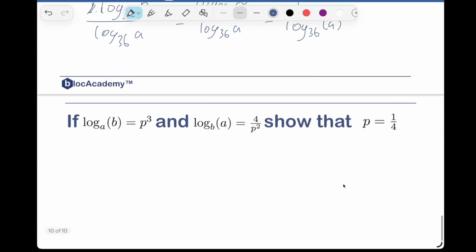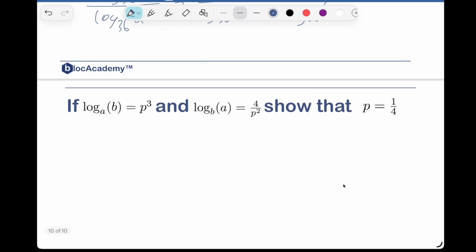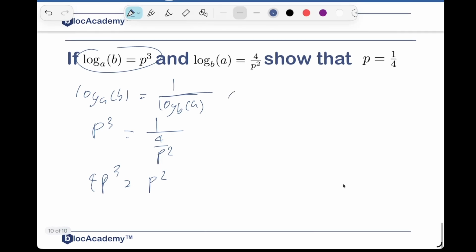Now for this final expression, it's pretty simple. We can use the base switch formula. We know that log base a of b is actually always going to be the reciprocal of log base b of a. So we know that p cubed is going to be equal to 4 over p squared, such that p cubed equals 4 over p squared, so 4p cubed equals p squared. 4p cubed minus p squared equals 0.